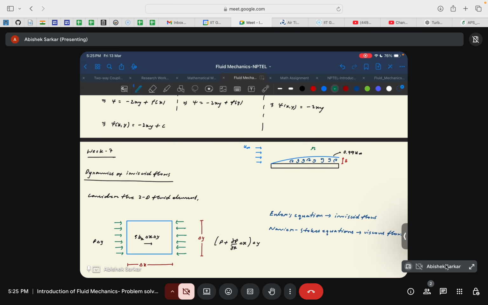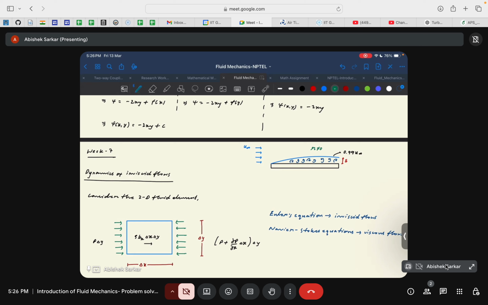It's not possible. Considering the continuum hypothesis, a sudden abrupt change in the physical properties of the fluid flow is not acceptable. So viscosity will essentially remain the same. It's a fluid property. If temperature remains the same, viscosity will more or less remain the same. So the viscosity is never equal to zero.